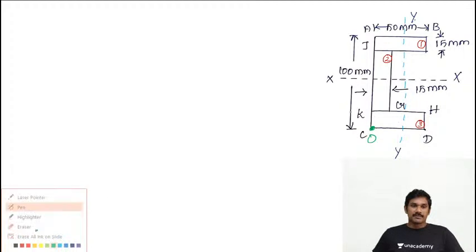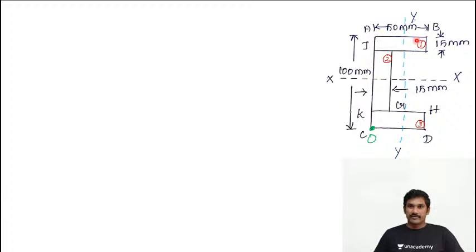So bottom left corner of this total section, outermost point, you have to touch the outermost point of this total section. For bottom left corner, I have marked it as the origin. Next, COG, that is center of gravity of individual components.